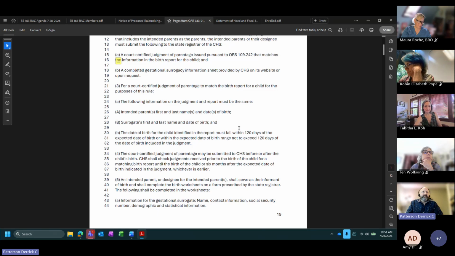And B, the date of birth for the child identified in the report must fall within 120 days of the expected date of birth or within the expected date of birth range not to exceed 120 days of the date of birth included in the judgment. Any questions or feedback on this section?